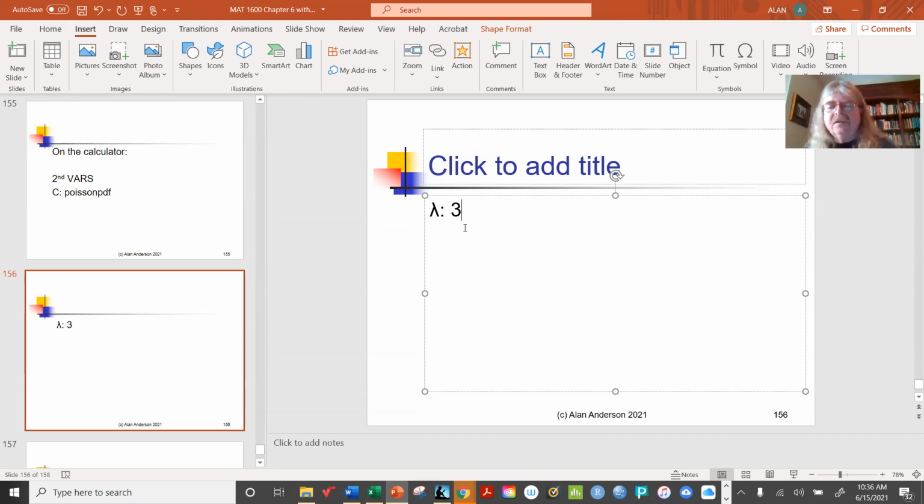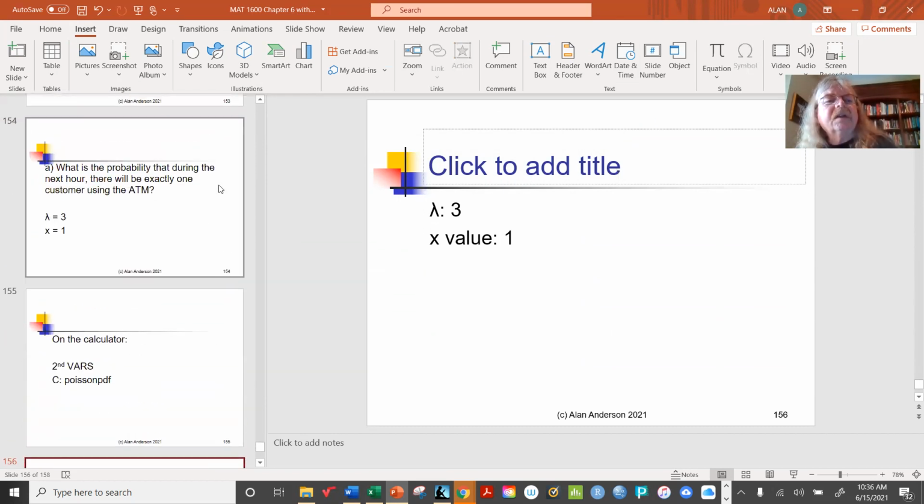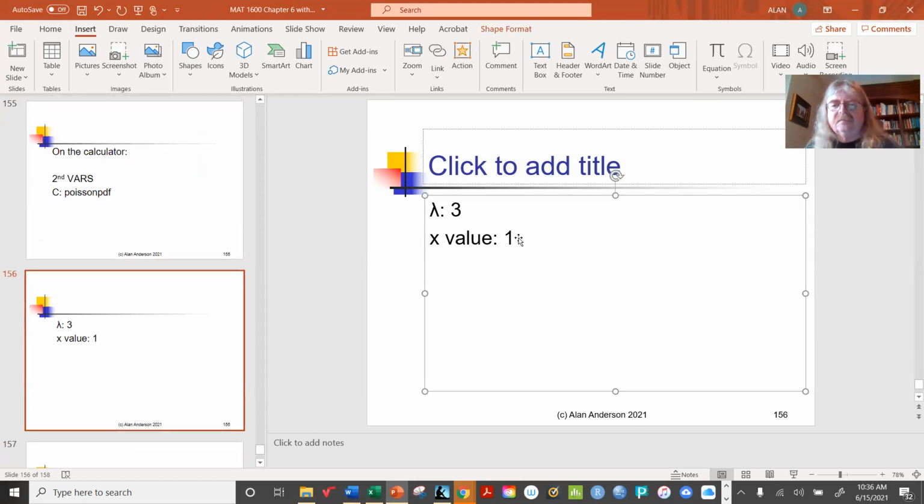And then the x value is just the 1. What's the likelihood that over the next hour, exactly 1 customer comes in and uses the ATM? That's going to work out to be approximately 0.1494, let's say. Okay, now what about the next one though?